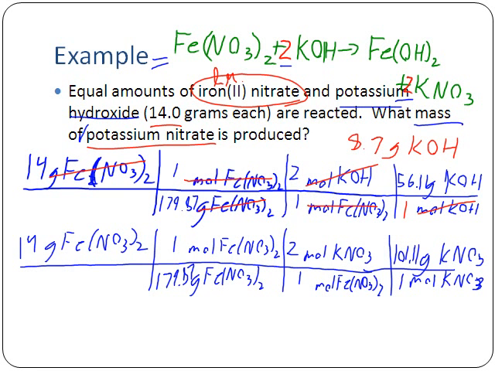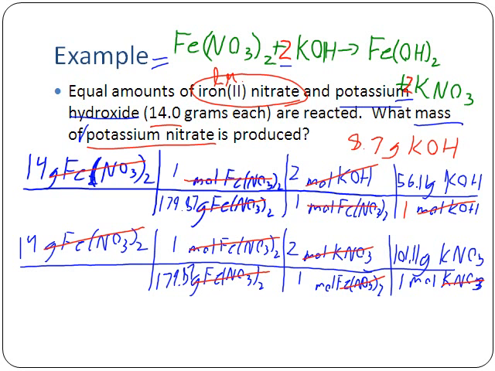That's in 1 mole. Setting this up, we have canceled the grams of the iron nitrate, the moles of the iron nitrate, and the moles of potassium nitrate. We have only grams of potassium nitrate left.